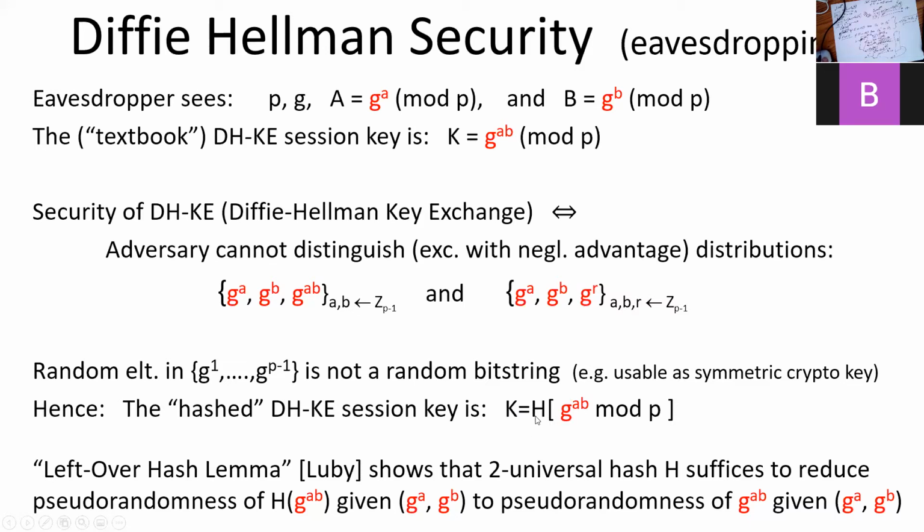That's what they're designed for. So that simple argument based on the one-to-one property of this hash function does not quite work. So what kind of hash do you need?